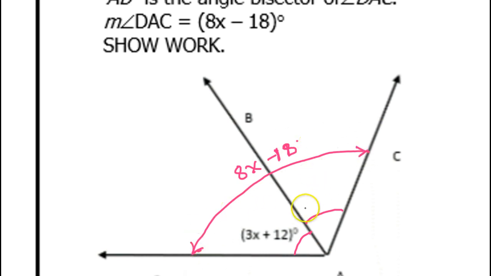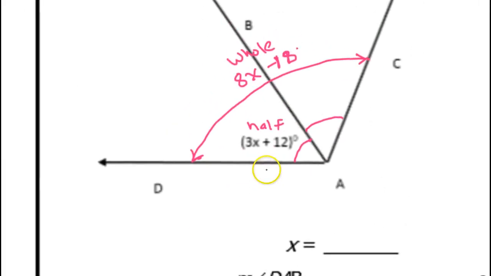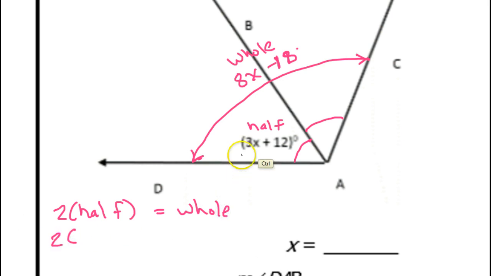So what we have is a half, and we have the whole thing. And what we've learned, and what our common sense tells us, is that 2 halves equal a whole. So that means 2 times 3x plus 12 should equal 8x minus 18.